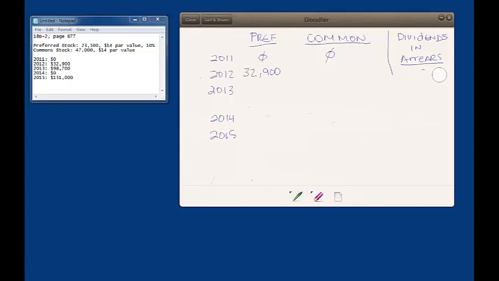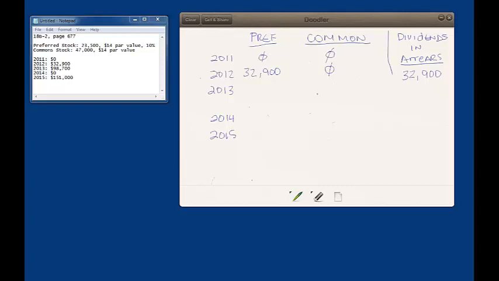Okay, I'm erasing this just to emphasize a point. We pay the dividends in arrears. Now we start with step 1, and step 1 is to pay the preferred stockholders what they're entitled, but since there's nothing left, we have, again, dividends in arrears for 2012. And there's nothing left in 2012 for the common stockholders.